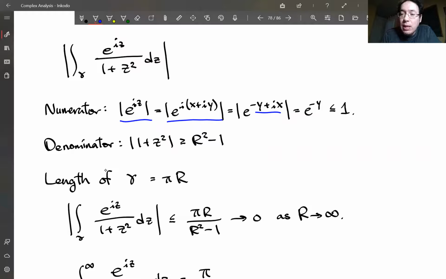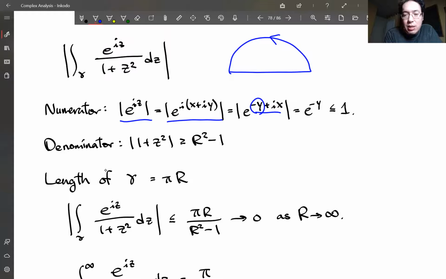Now remember, the modulus of the exponential function is determined by the real part of the exponent. Because we are in the upper half plane, when we go through the semicircle, the imaginary part, y, is always positive.